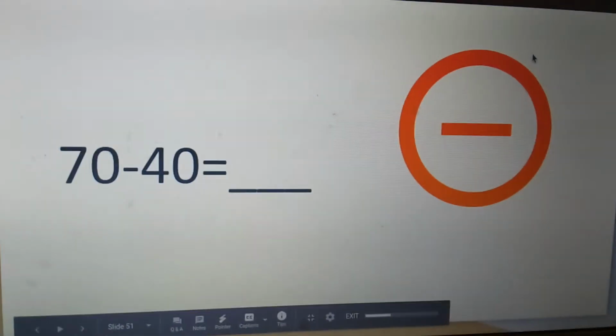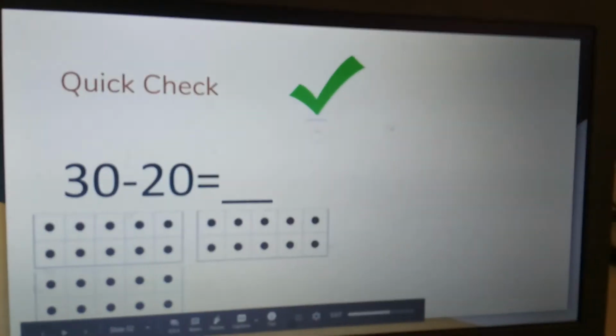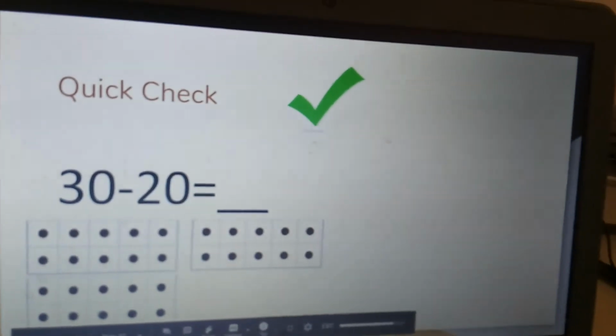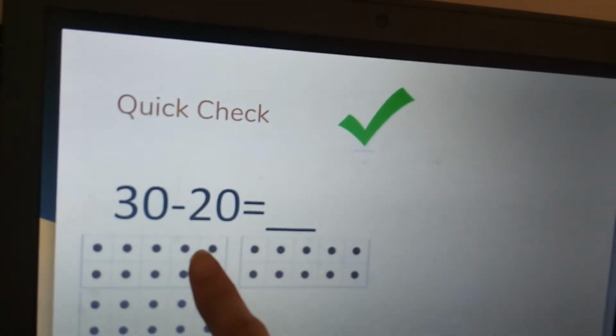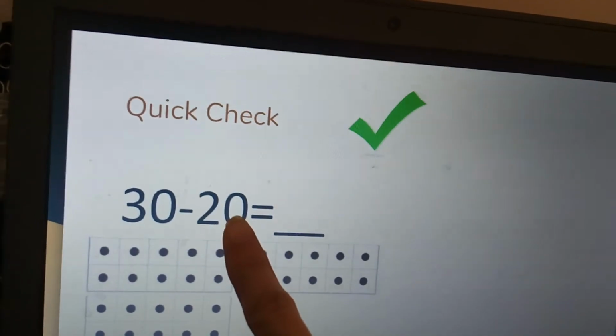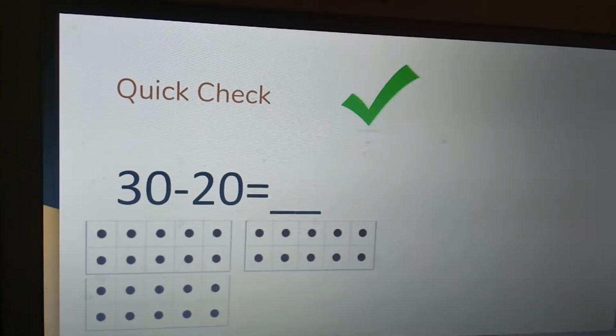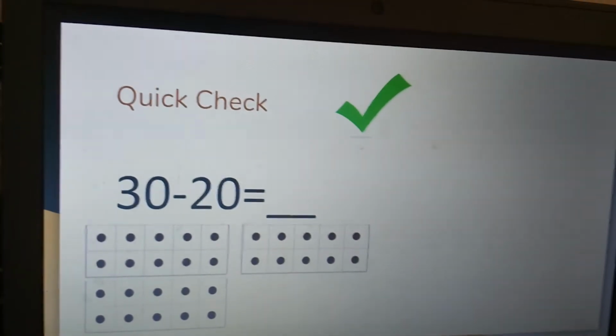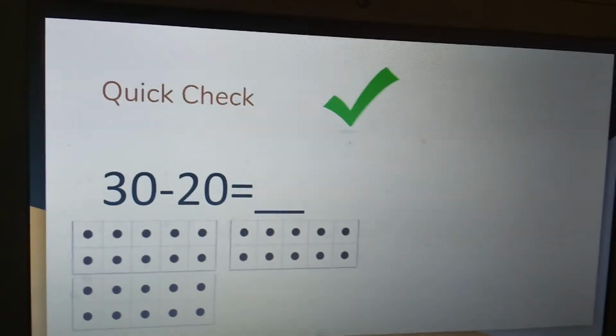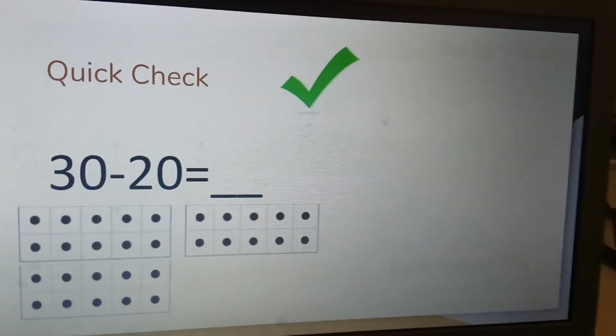Your job is the following. I'm going to show you a number sentence where the first number is built, and I tell you what number we take away. Your job is to type in the side box what is going to be my difference. So let's try the first one together.